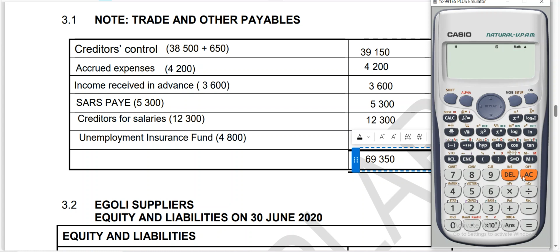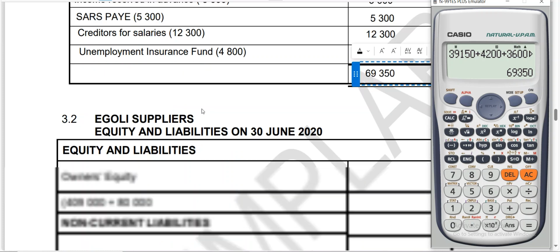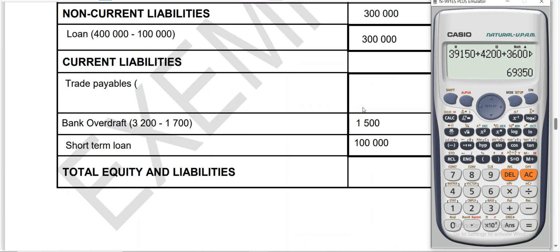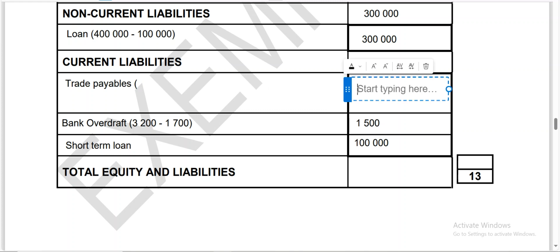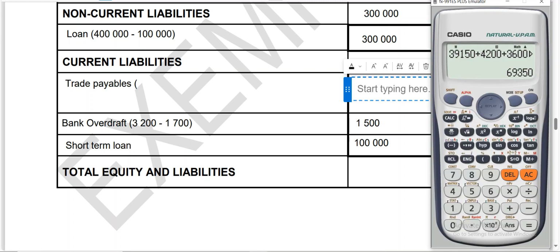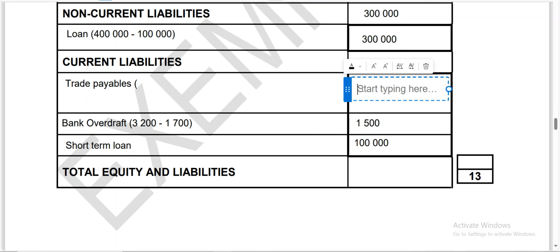So let's redo it again. 39,150 plus 4,200 plus 3.6 plus 5.3 and then plus 12,300 and then plus 4.8. The total it is giving us 69,350. So on our balance sheet under trade and other payables, we are going to write 69,350.